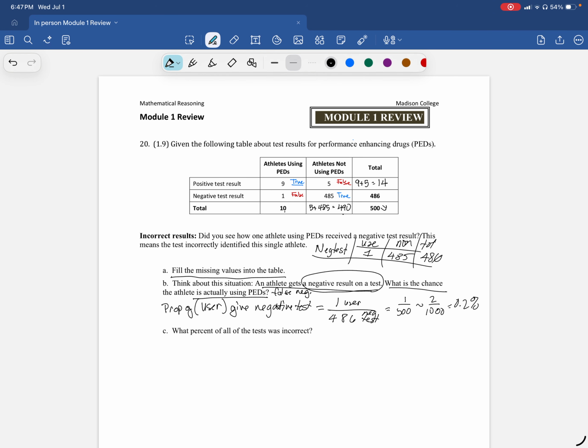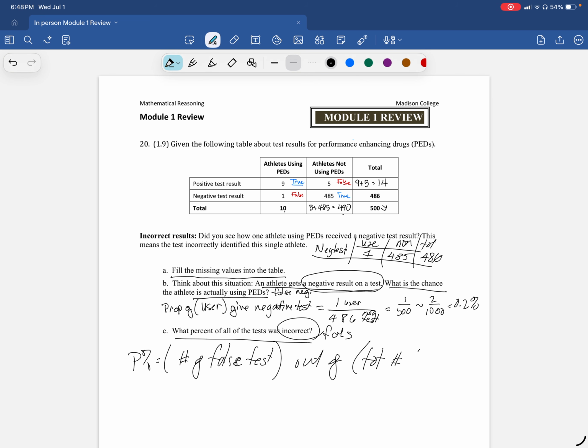And then the last thing is what percent of all tests are incorrect? So that means false. So we need P% of number of false tests out of total number of tests. Total number of tests is 500. Number of false tests, well, we have the 1 plus the 5.